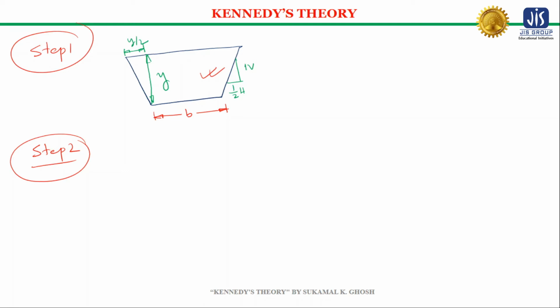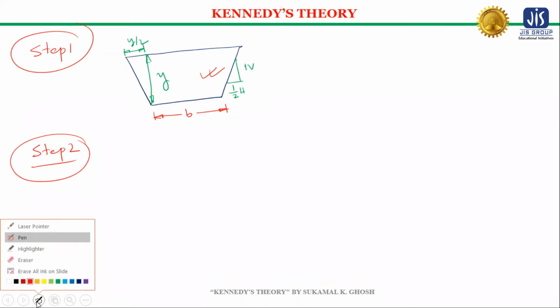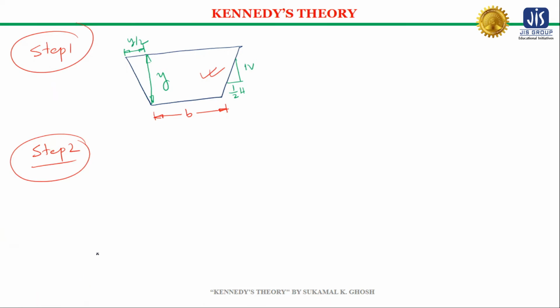In the last problem we derived the area of a trapezoidal cross section with a side slope of 1/2 horizontal and 1 vertical, and we got that expression as A is equal to B into Y plus 1/2 into Y square.